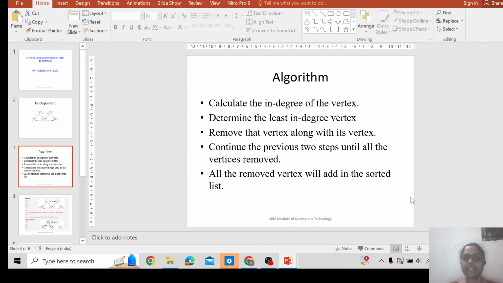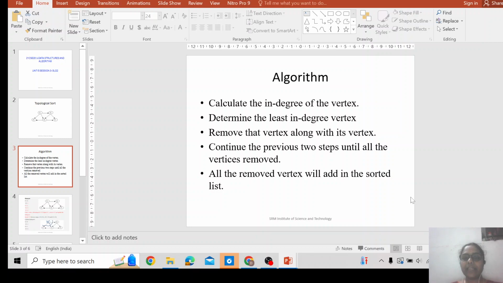So the first point is to calculate the in degree of every vertex in the graph. From that, find the least in degree vertex. In some cases, two different vertices will have the same value. In that case, you select any one vertex and continue to step number 3.